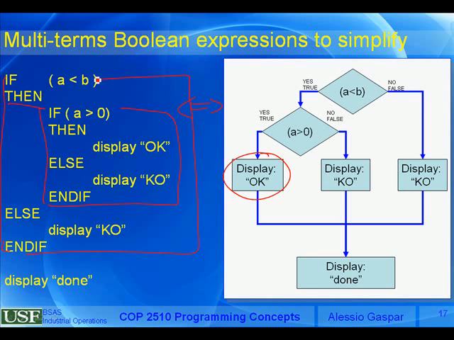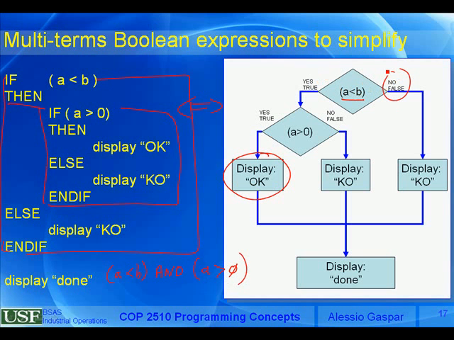Let's have a look at how it works. First, I test A lesser than B. Just as a reminder, I'm going to write here what was our original Boolean expression. Was it lesser? Yeah, no, it was greater than 0. That was our original Boolean expression. Now what I'm doing? Well, I'm saying if A is lesser than B, true or false? Let's start by false.